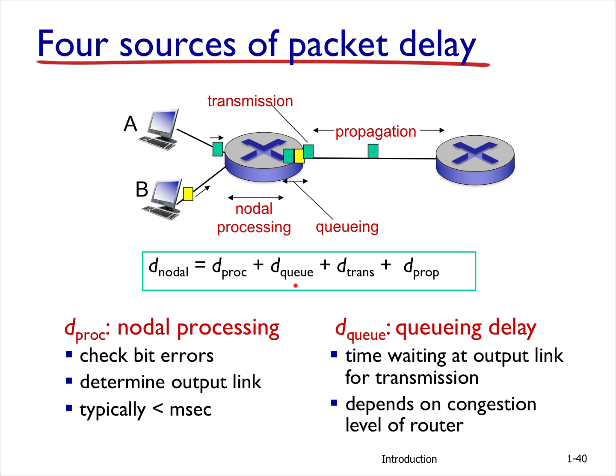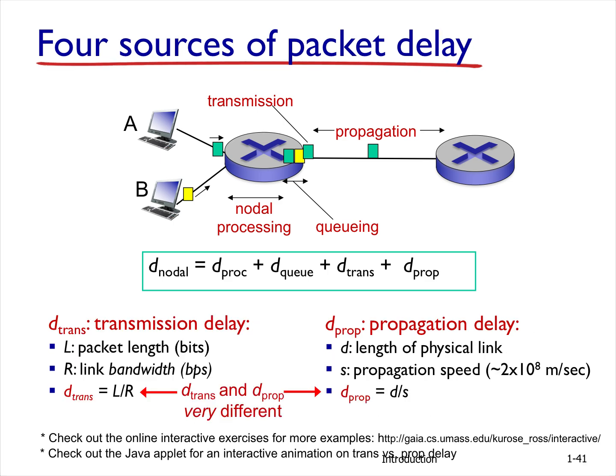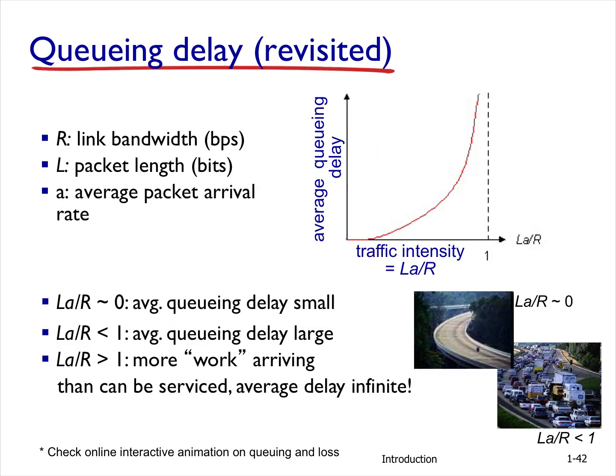Then the queuing delay, how long the packet stays in the buffer before being transmitted. Then the transmission delay, how long it takes to transmit the packet. And last but not least, the propagation delay. Again, you should be able to calculate all of these given information in the problem and solve the examples related to those. Here the expressions are given.